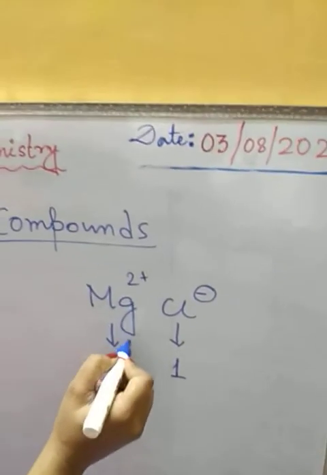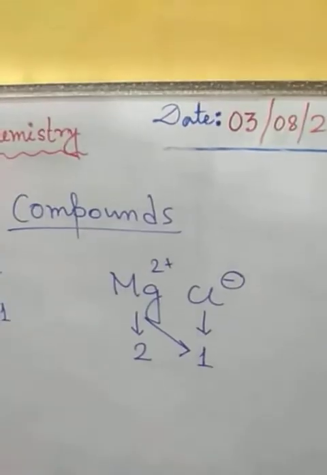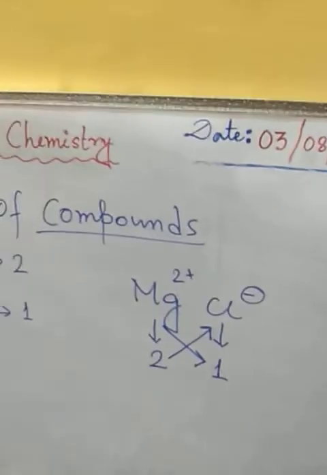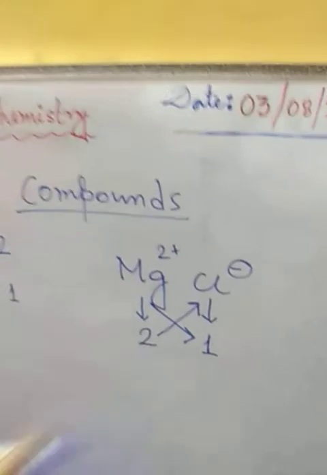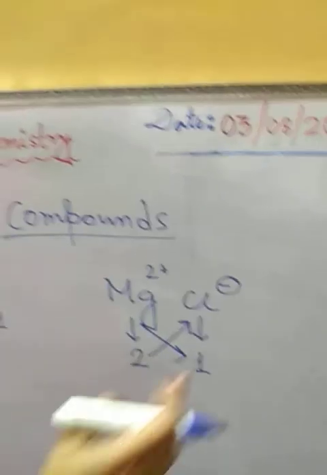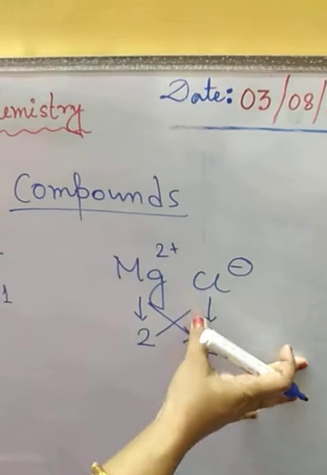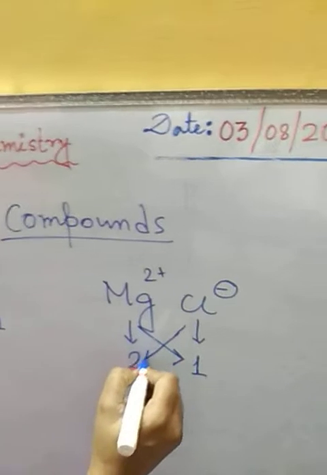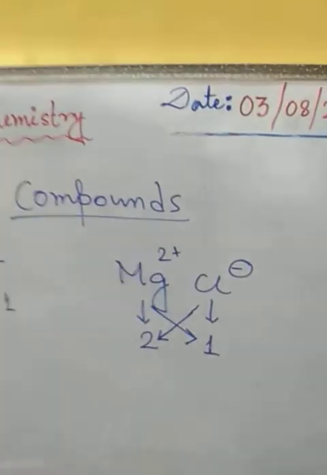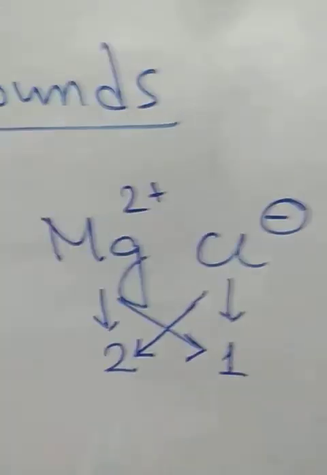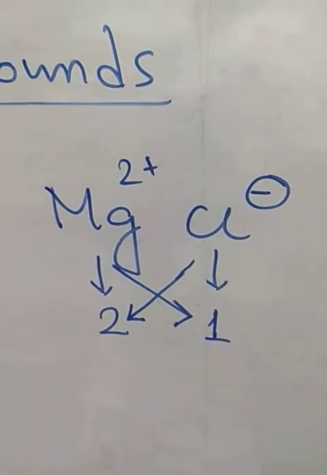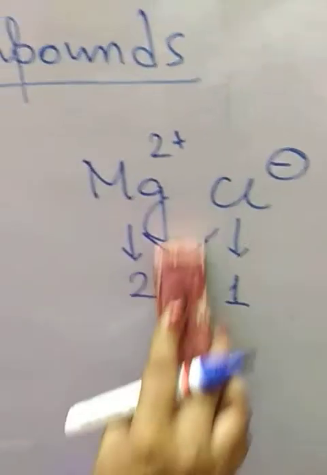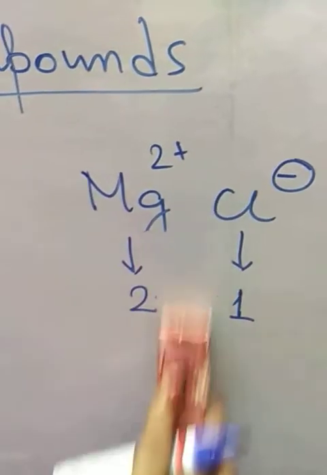So for magnesium it will go to chloride ion, and chloride's valency will go to magnesium. The arrows will be in the opposite manner.